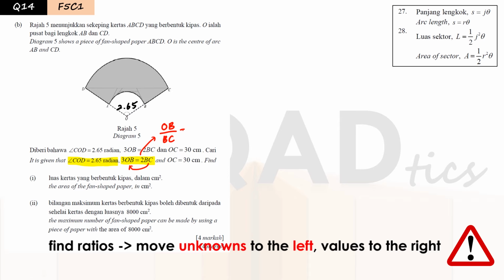Okay, and on the right side of the equation, I'm going to put 2 here because the right side there is 2. And I'm going to move 3 to the other side. So here will be divided by 3. Why I do this is because you can clearly see that OB has 2 parts and BC has 3 parts. Okay, so this is one of the ways that I can share with y'all when we are trying to find the ratio of these 2 lines.